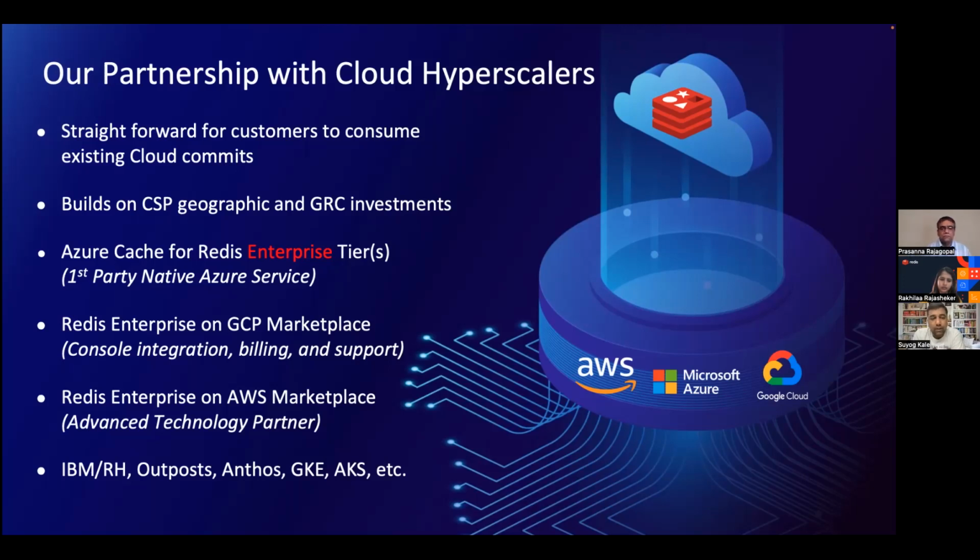Redis comes with completely offline installations and private accessibility. There are a lot of security features we have in the enterprise that help them make sure the same technology is available with a full set of security.